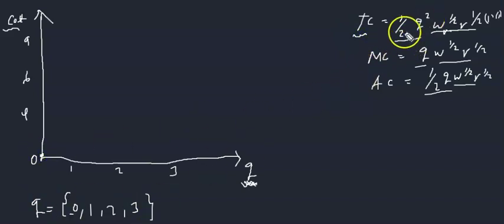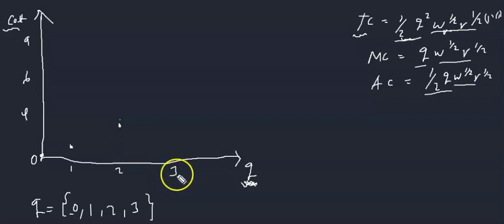If I put a 1 in here, 1 squared is just 1 multiplied by half is half. So it will be 1 comma half somewhere here. Then if I put a 2, 2 squared will be 4, divided by 2, it will be just a 2, and it will be somewhere here. We're just sketching.